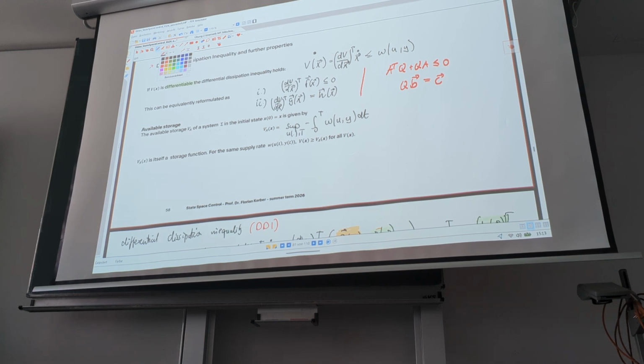And this would be the lower bound, and the required supply I call Vr of x. This would be the infimum, which I have to provide in order to drive the system. Okay?